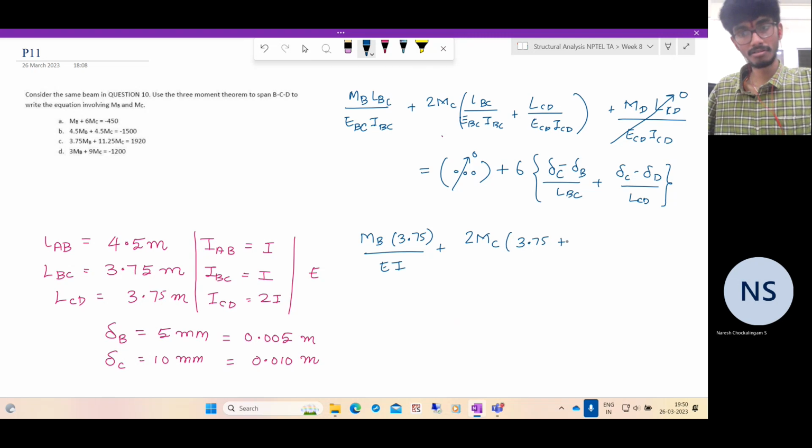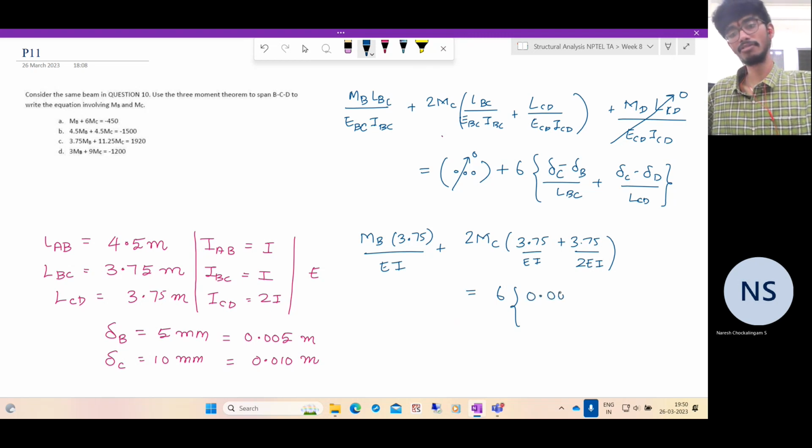LCD is also by EI, LCD is also 3.75, but note that ICD is 2 here. Is equal to 6 into what is delta C minus delta B? So delta C is 10, delta B is 5, so it is 0.005 by LBC, which is 3.75, plus delta C minus delta D. Delta D does not settle, so it is 0.0 by 3.75.